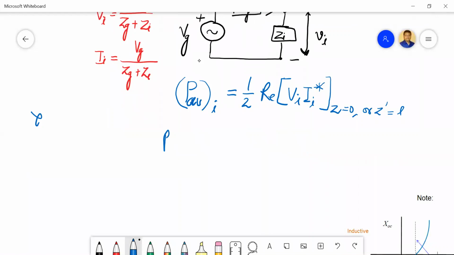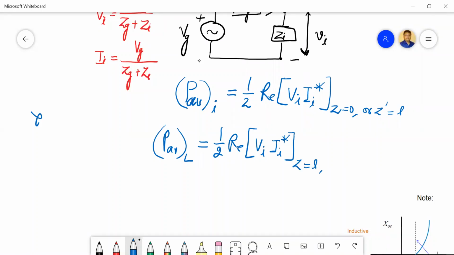The formula will be like this: just replace i with L. L stands for the load, and this is half of the real part of VL IL star. This time z will be L, or you can write z dash equal to 0. There is no big issue with this. So one can manage the power delivered to the load like this.